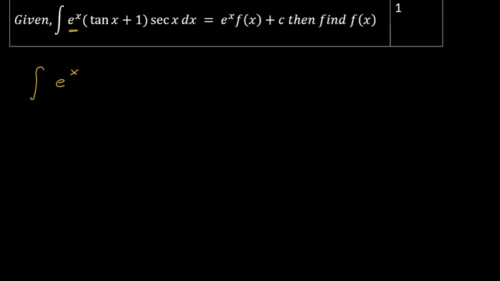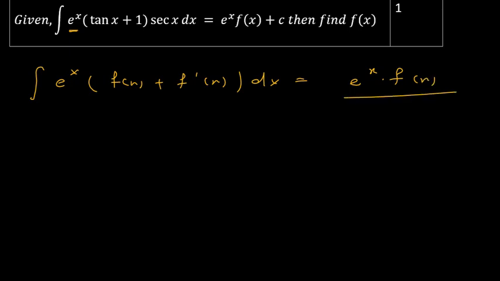Integration of e power x into f x plus f dash x dx is equal to e power x f x. So when e power x is there, it is multiplied by two terms, in which one term is a function and the second term is its derivative. If you have a problem like this, then your answer will be e power x into f x.